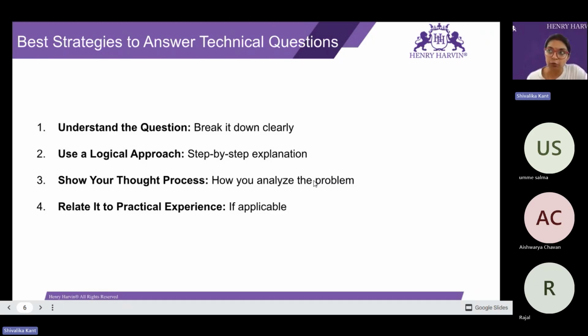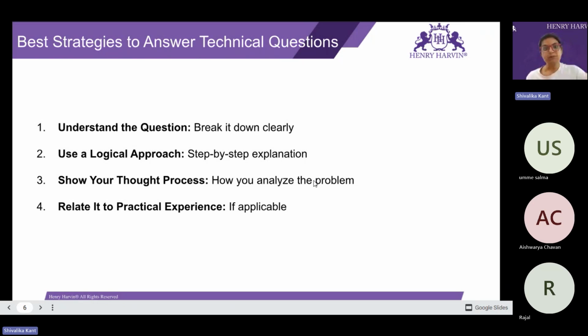We have lots of platforms for mock interviews, like LeetCode, spelled LEETCODE, and HackerRank, spelled HACKER RANK, or you can work on some case studies also. This reduces your panic and helps you build your confidence as well.